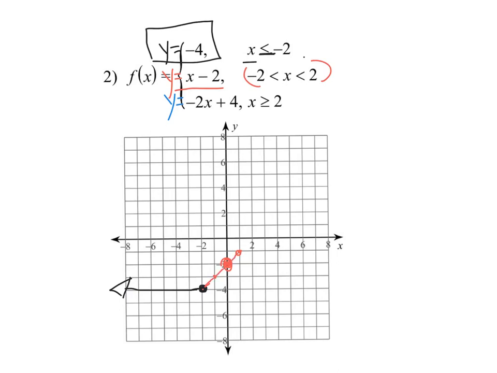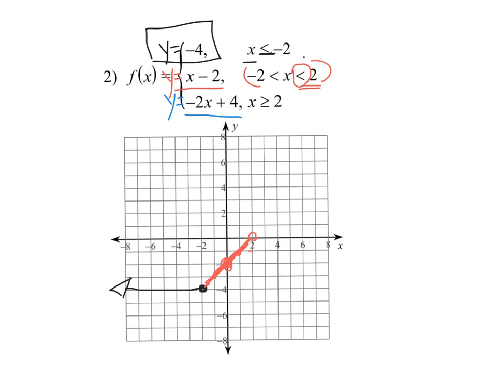I'm just going to connect to the closed circle that already exists. That's part of the first line. And then I need to go to where x equals +2. So I need to keep going up here. But that needs to be an open circle because, again, I don't have an or equal to on either of these. So this is the middle portion.